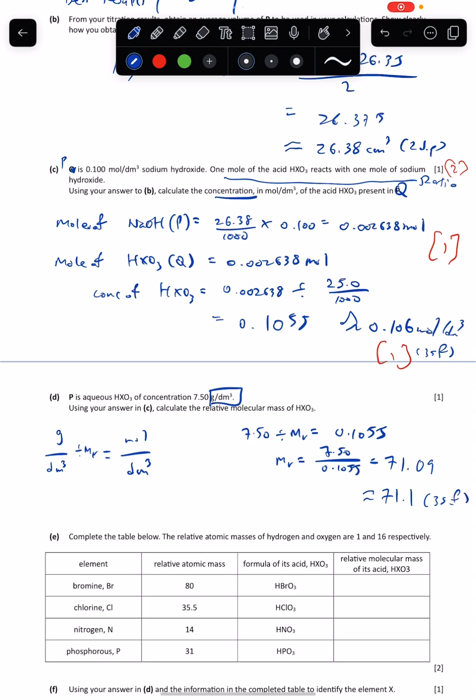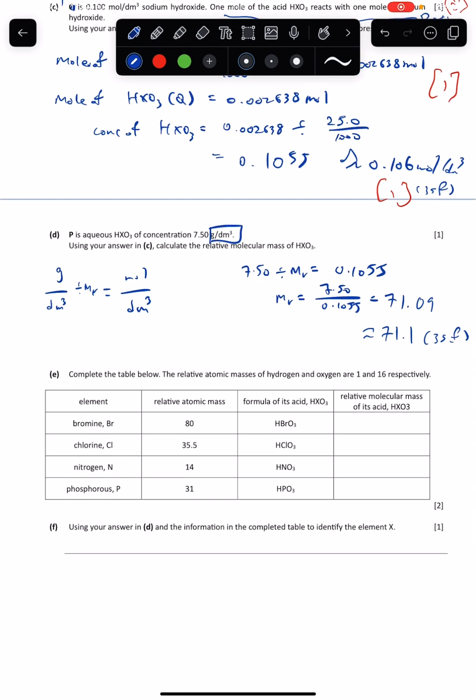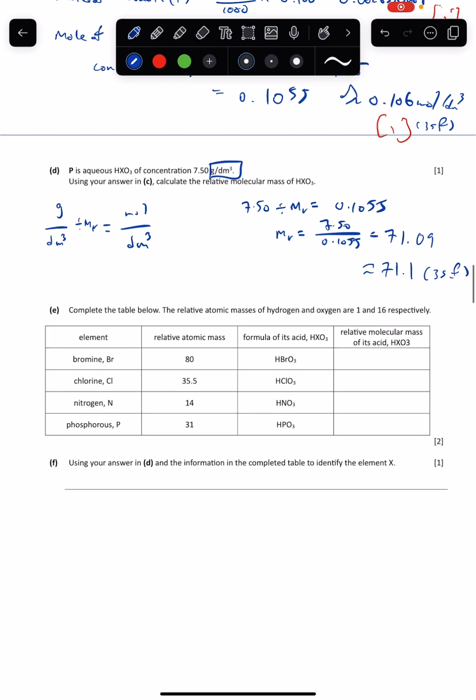Now you're supposed to find out what X is. This is mR of HXO3. If the entire thing is only 71, do you think bromine could be the answer? No, right? So what is the mR? This is 1 plus 80 plus 3 times 16, which is 129.